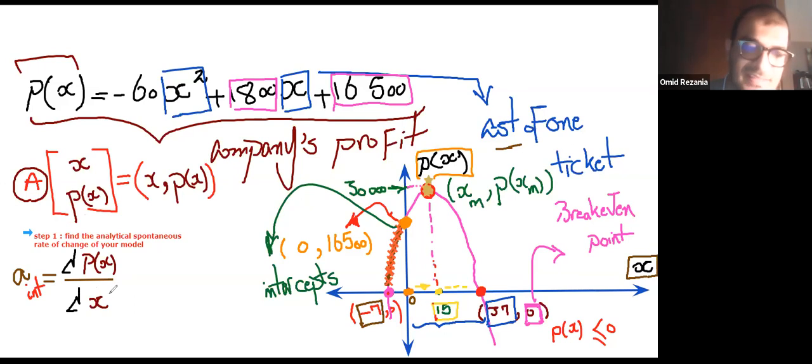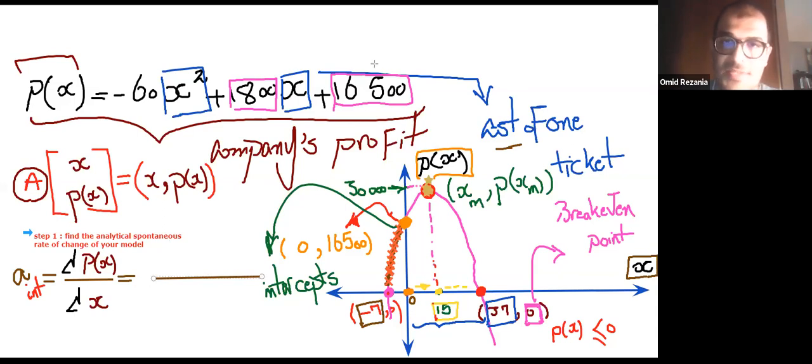We saw that this is a kind of notation. So far, we haven't done any math. The first part, which I have drawn, dP/dx, is a mathematical notation which signifies the spontaneous rate of change. If you want to calculate this, it changes to this formula, which we did before.